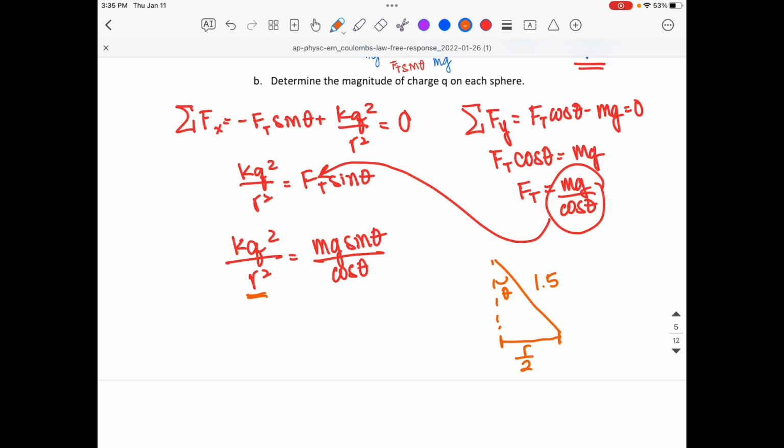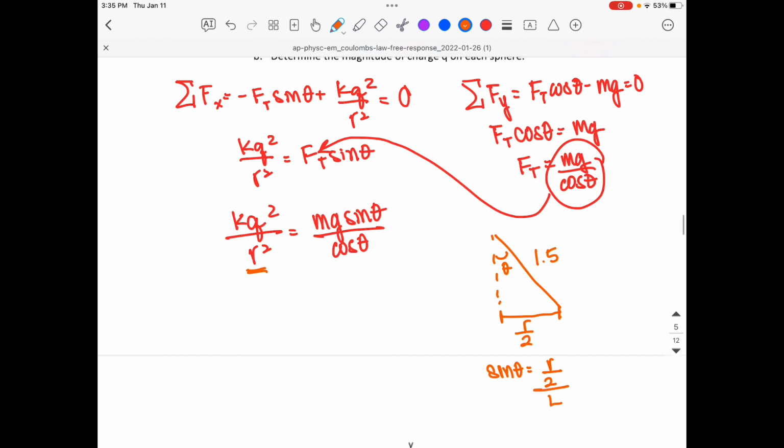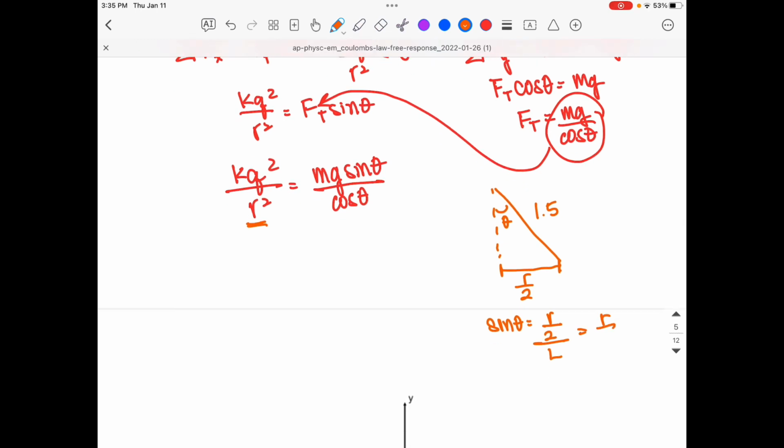So in this scenario, I've got sine theta is equal to r over 2. I'm going to call it L for now, which is just r over 2L. And then if I solve for r, I get 2L sine theta. And I'm going to plug that in for my equation here.